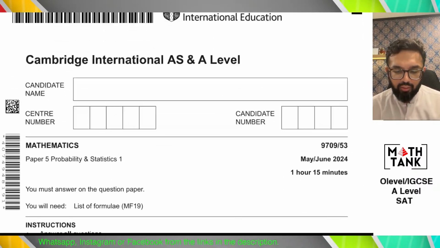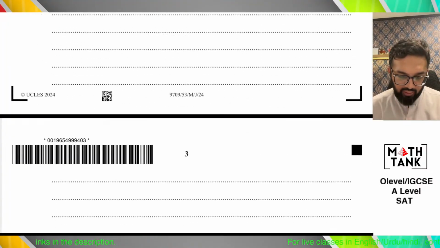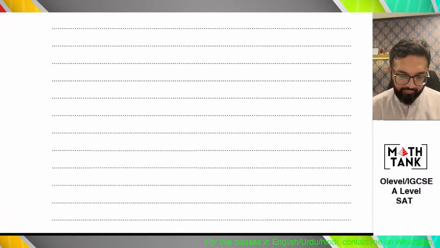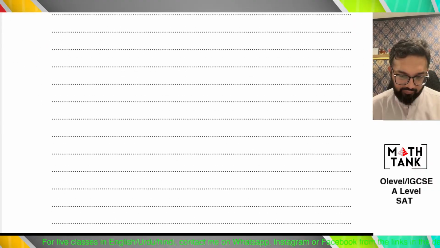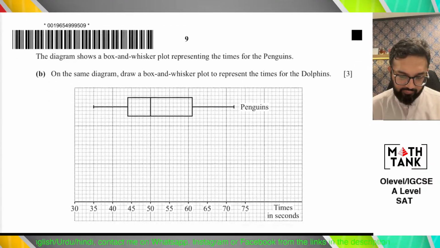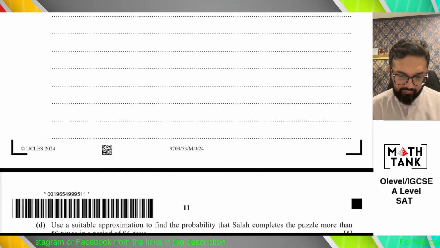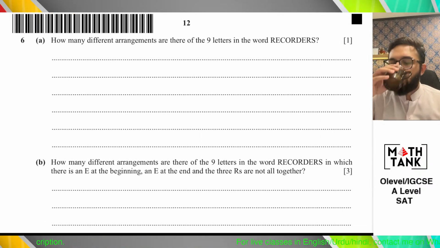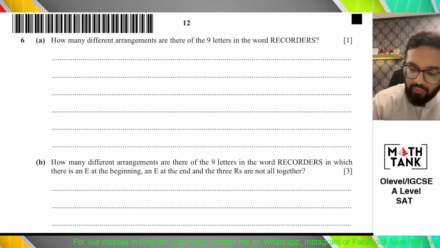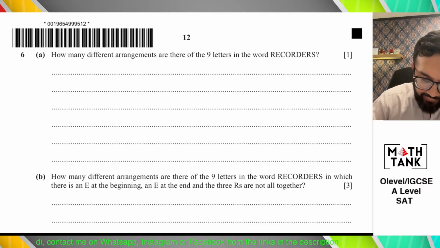Moving on, this is May, June 24, 5-3. Let's see what we've got here. So this is June 24, 5-3.